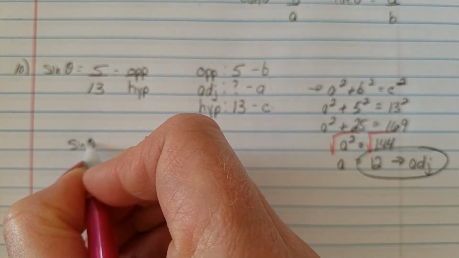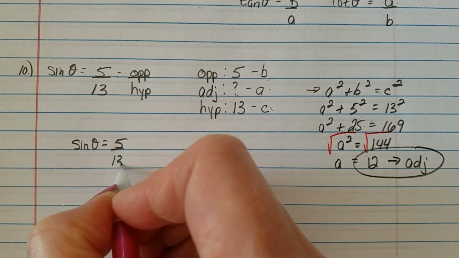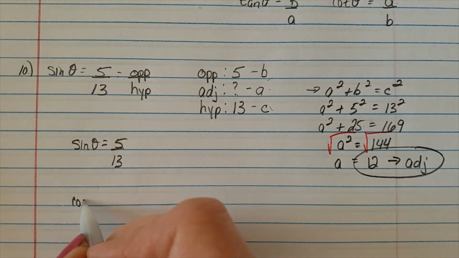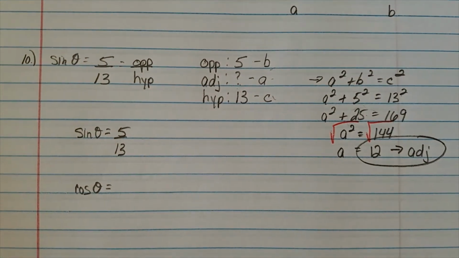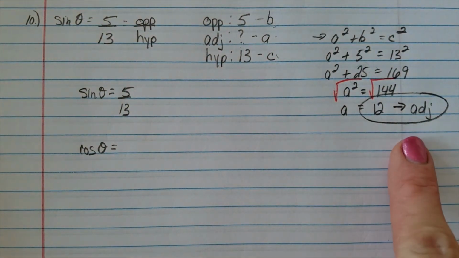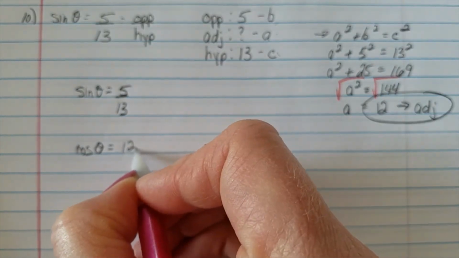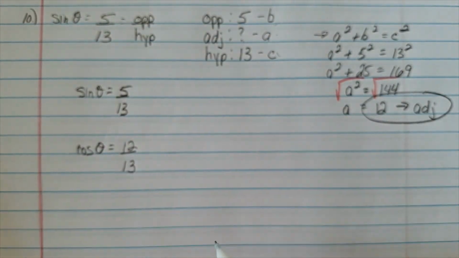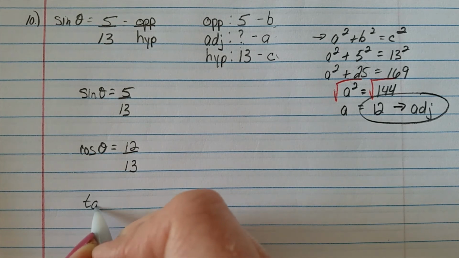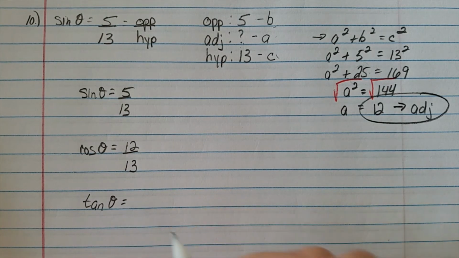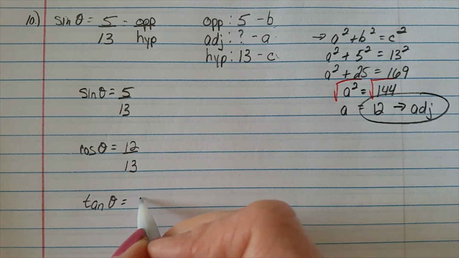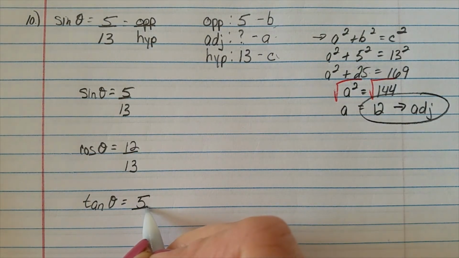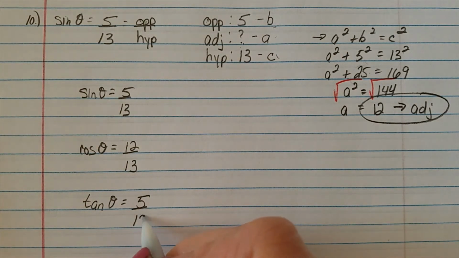So we had sine of theta is 5/13. We were given that. Cosine of theta is adjacent, which is 12, over the hypotenuse, which is 13. Tangent of theta is opposite over adjacent, so that is 5 over my adjacent, 12.